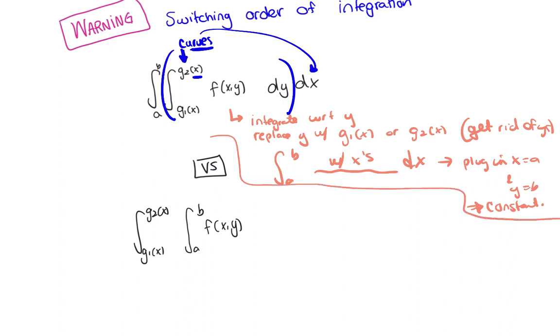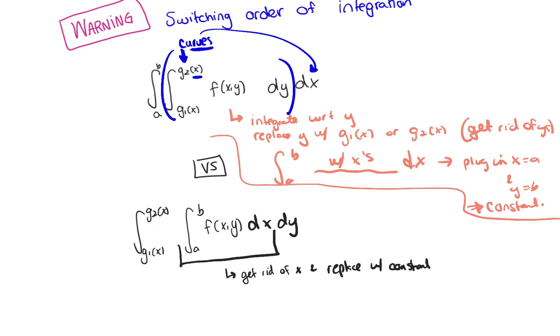Now, if I did this the other way, let me actually put my dx and dy in here. If we think about just switching it without really thinking, I integrate this with respect to x. So I get rid of x and replace with constants. That's still fine. Now I have no x's left.